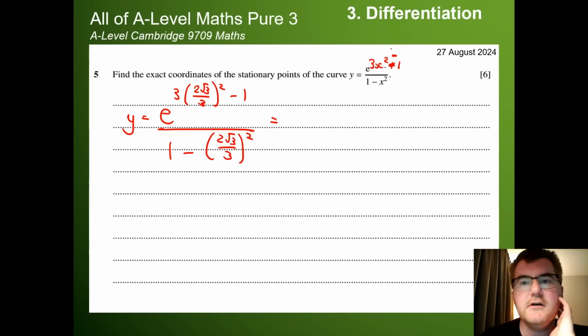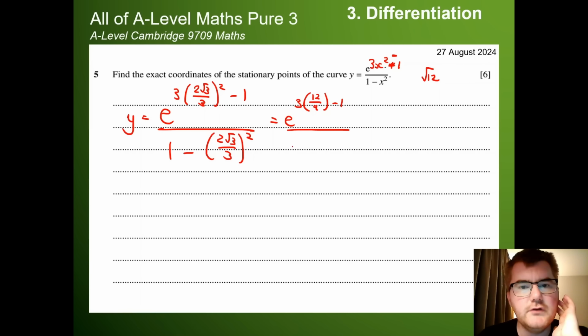So 2 root 3, that's equal to root 12. So we get 12 over 9, 3 lots of 12 over 9 minus 1. And then 1 minus this squared. So 12 over 9.